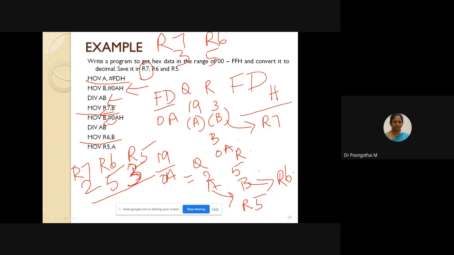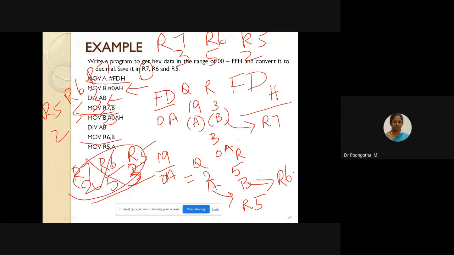Correct? R5 holds 2. So the order is R5, R6, R7. So 2, 5, 3. Please note it down. So the earlier one was the wrong answer. R5 holds 2, R6 holds 5, and R7 holds 3. 2, 5, 3.